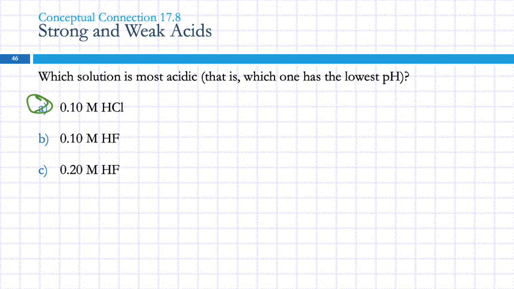And so we'll have a hydrogen ion concentration of 0.1. HF is a weak acid. Here, the concentration is twice as big as that, but this is a weak acid. It only ionizes a little bit. So the strong acid is going to be the most acidic there.